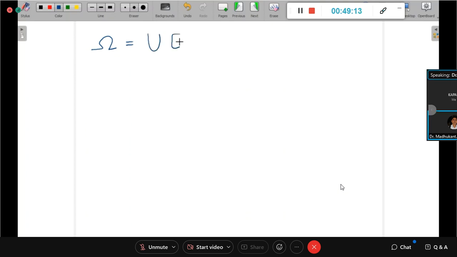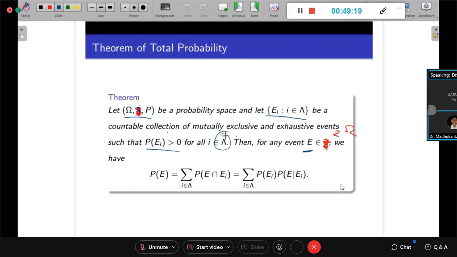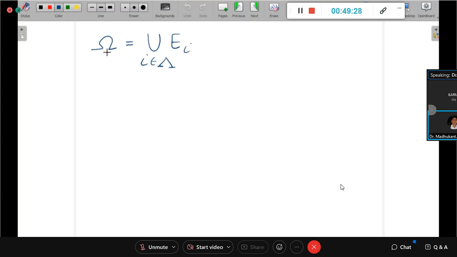So first thing is this omega, the sample space. I can write it as the union of the E_i, because it's saying exhaustive events means you can write omega as a union of all these events.